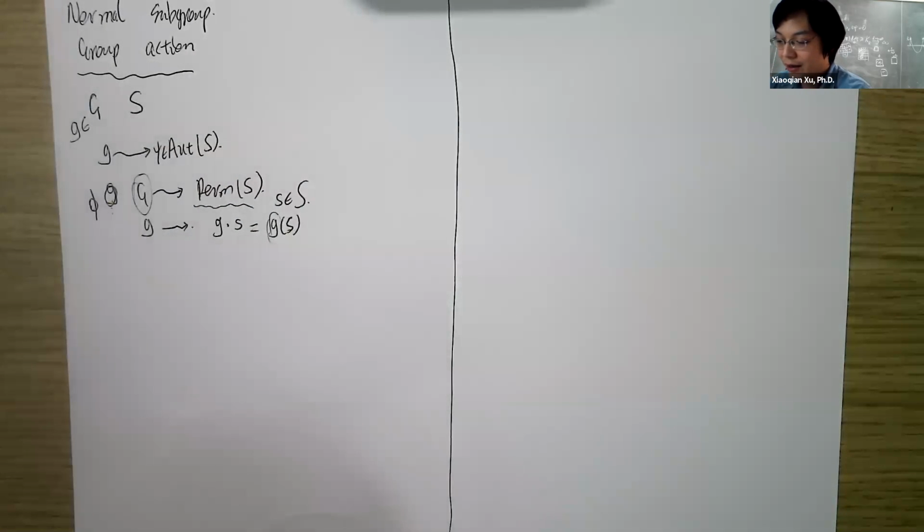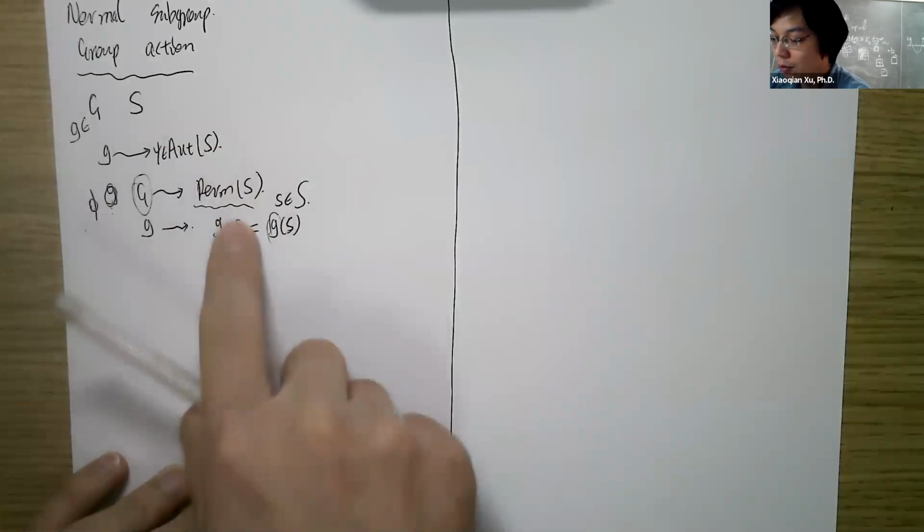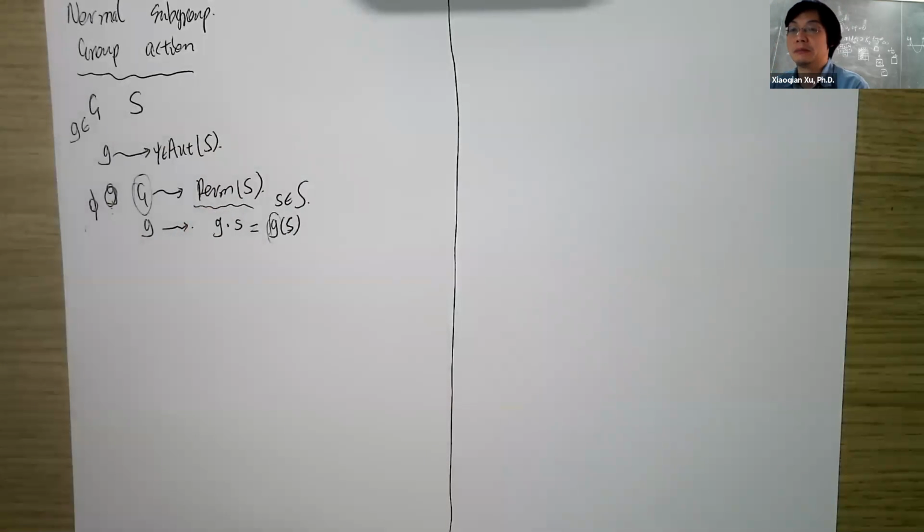This idea can be seen as a representation of the group, or somebody calls this subgroup of the permutation group the representation of your group G.